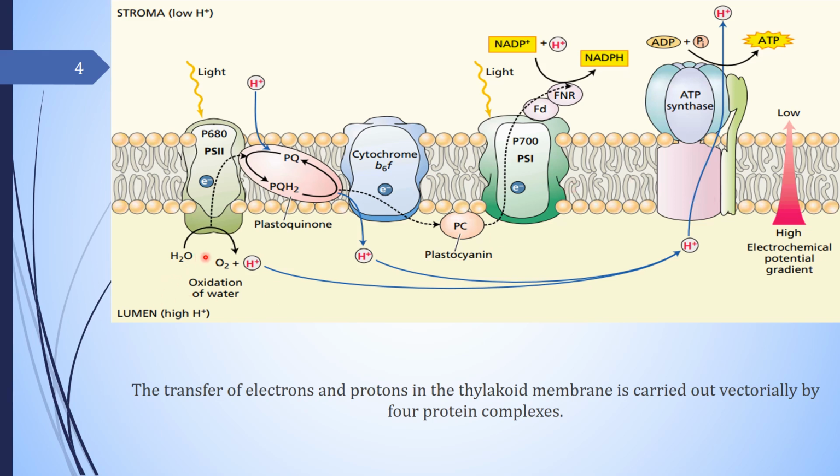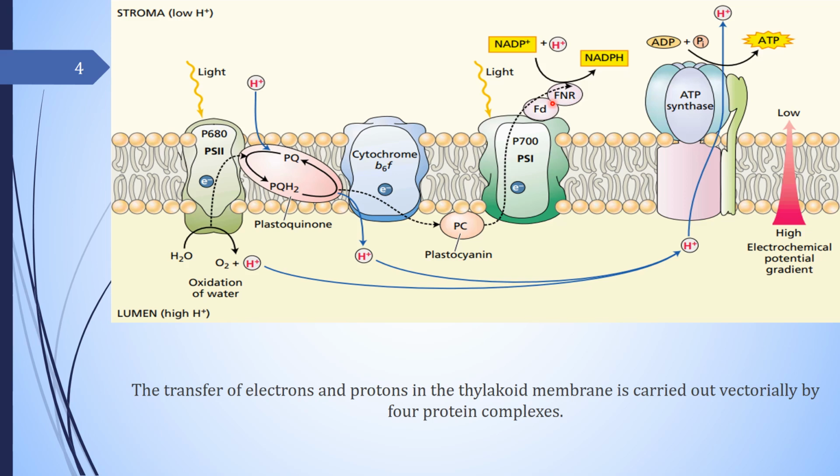Water is oxidized and protons are released in the lumen by PS2. PS1 reduces NADP to NADPH in the stroma via the action of ferredoxin and the flavoprotein ferredoxin-NADP reductase, in other words FNR.